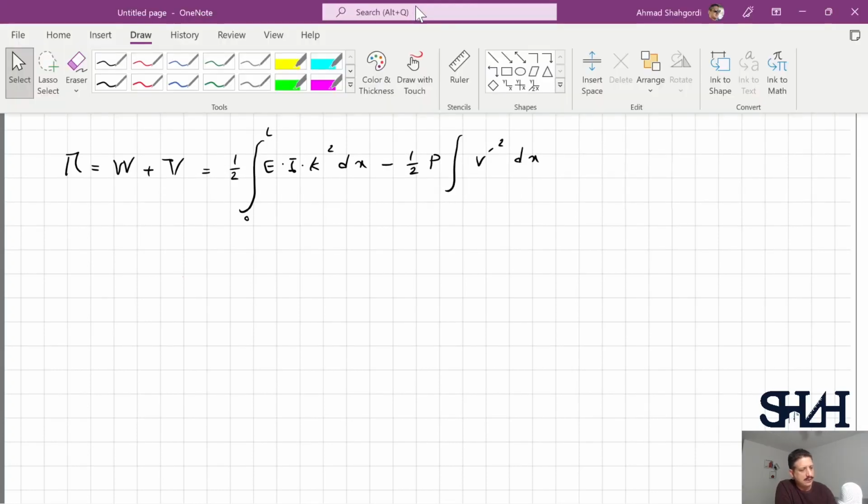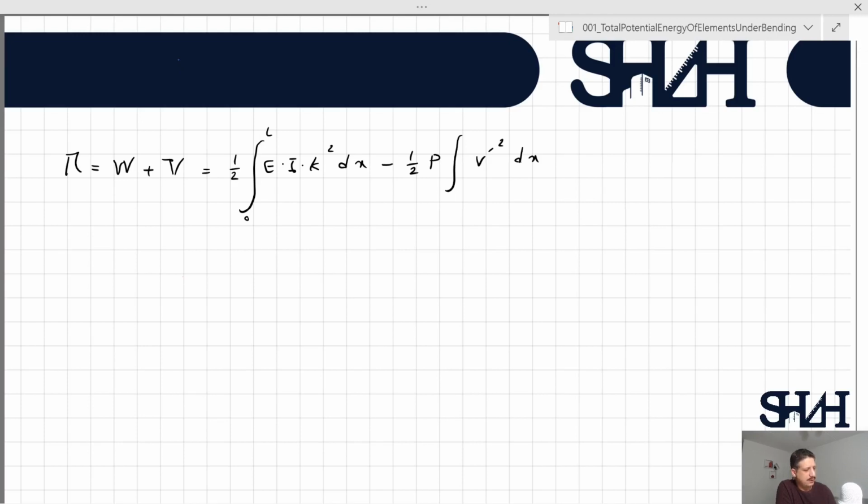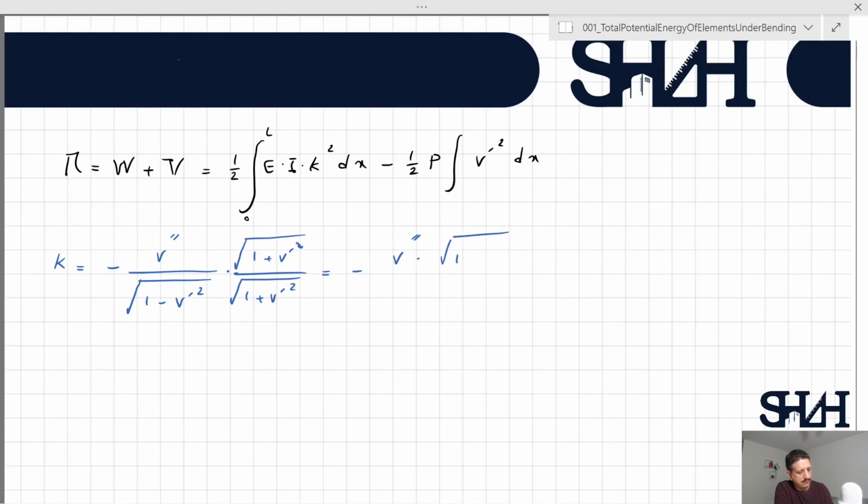Next, we can also calculate what kappa is. Kappa is mathematically minus the second derivative of v divided by the square root of 1 minus v prime squared. So if I multiply numerator and denominator by the square root of 1 plus v prime squared, it will be minus the second derivative of v times 1 plus v prime squared divided by 1 minus v prime to the power of 4.